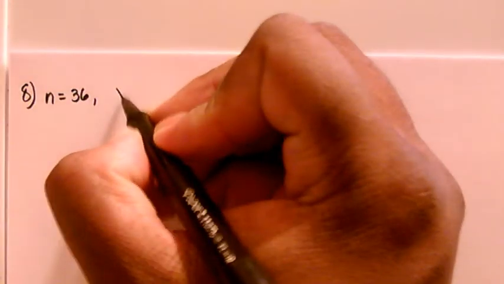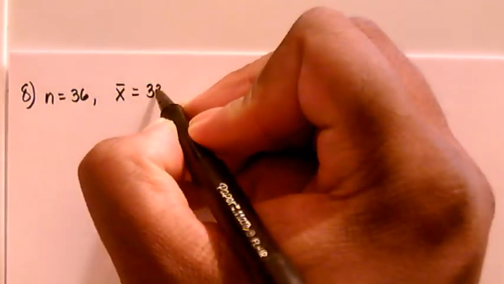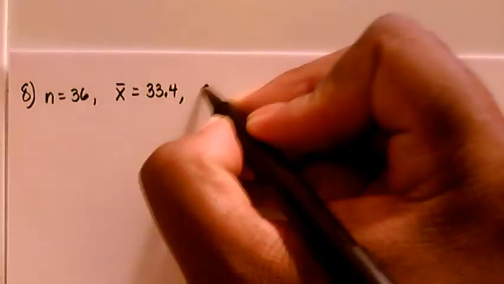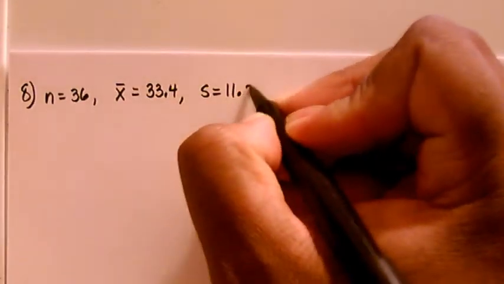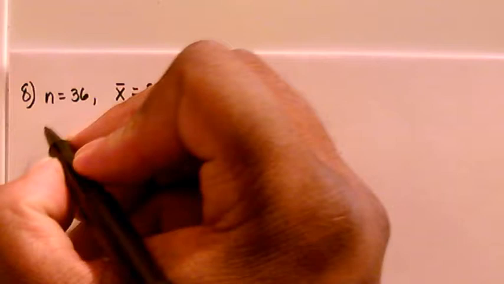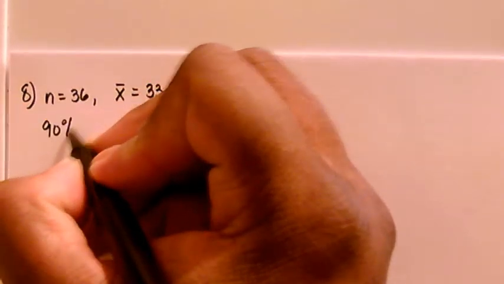Your sample mean, of course, that's X bar, 33.4. And the sample standard deviation, which is lowercase s, that's 11.2. So you got 3 pieces of information given, actually 4. Because we're told to construct and interpret a 90% confidence interval.